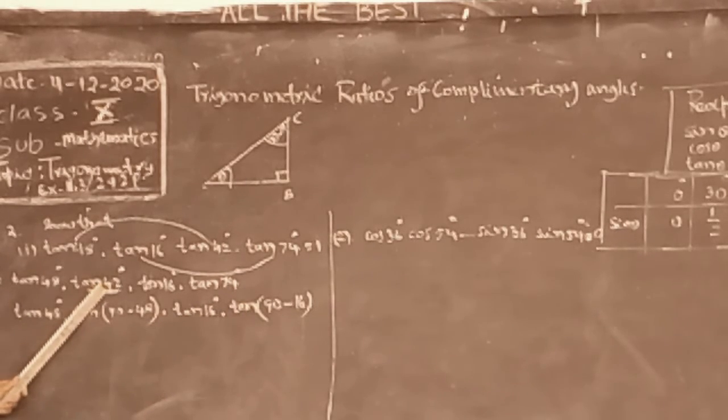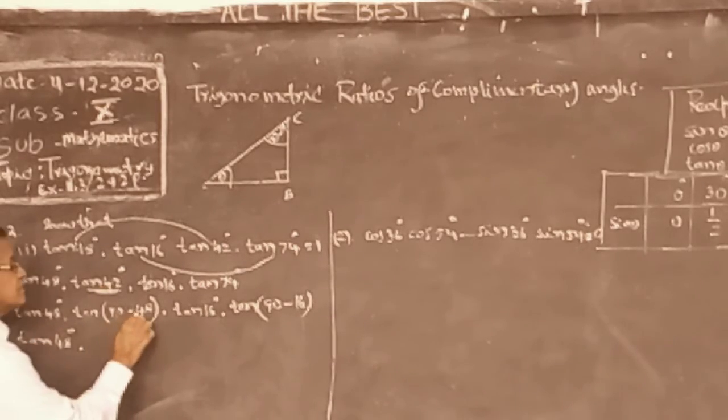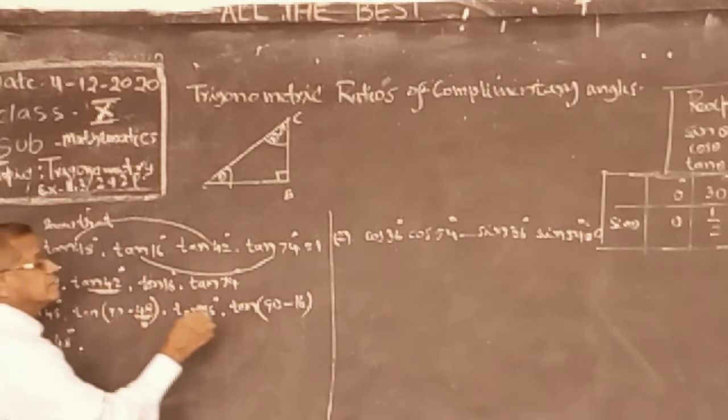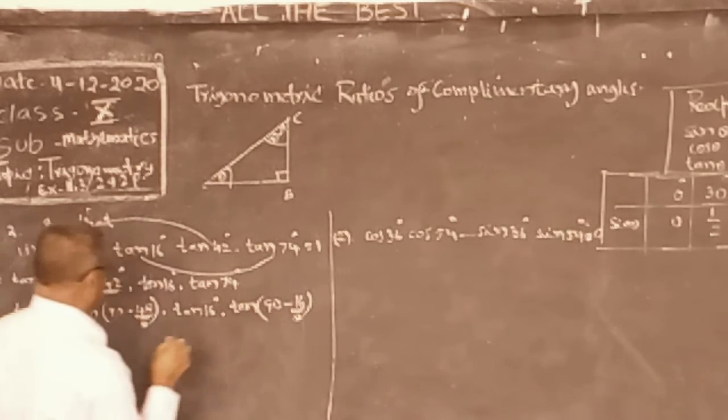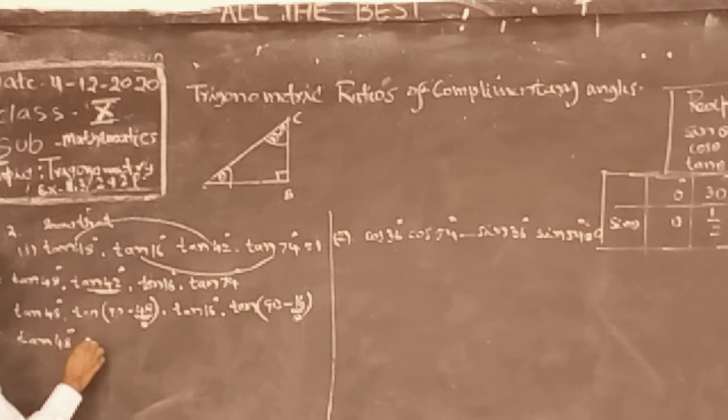42 can be written as 90 minus 48. This is tan 48 into tan 90 minus theta, where this is theta and this is theta. So tan 90 minus theta is cot theta, with theta value 48.